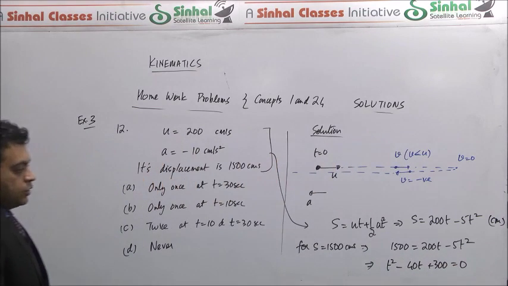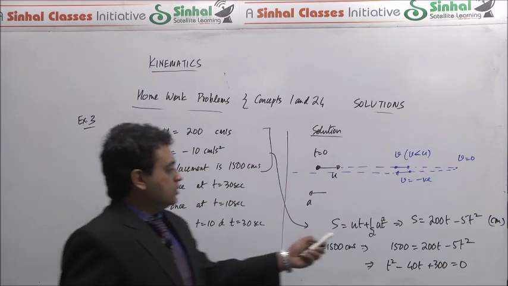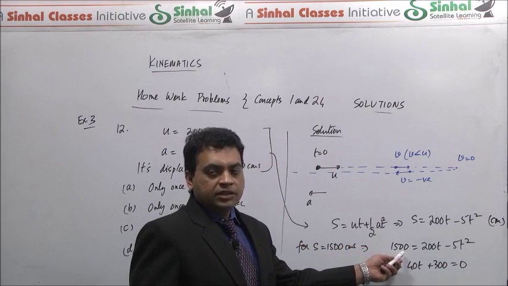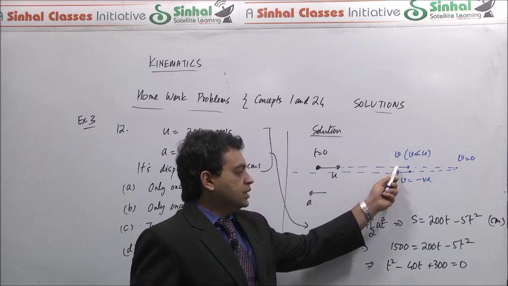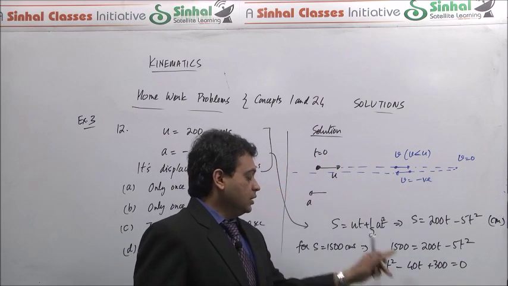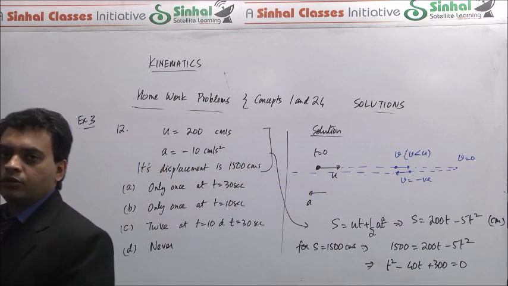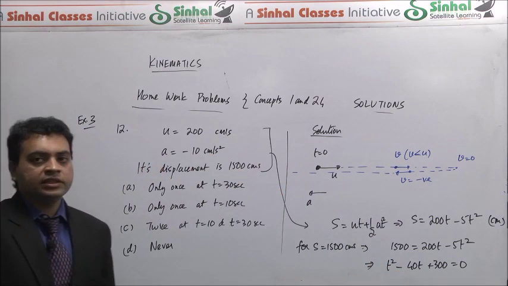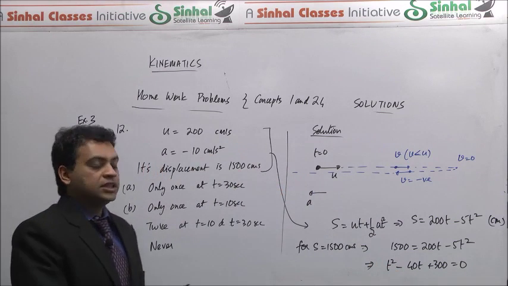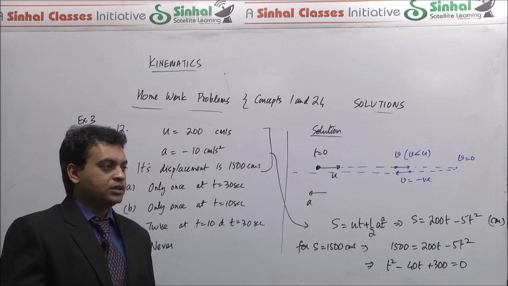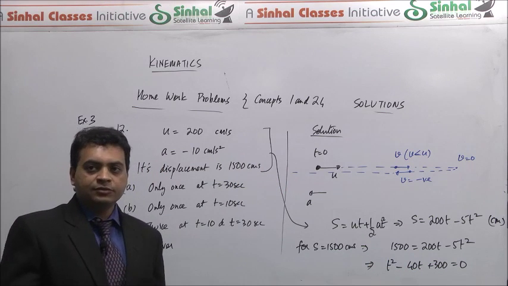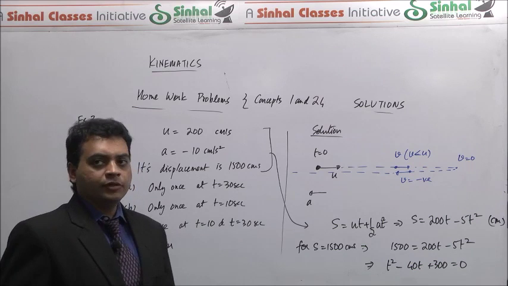Okay. So now if it has this displacement of 1500 centimeters on multiple occasions, that is on 2 particular points of time, this equation should give us 2 distinct roots. So there should be 2 particular instants of time when the displacement is 1500 centimeters.